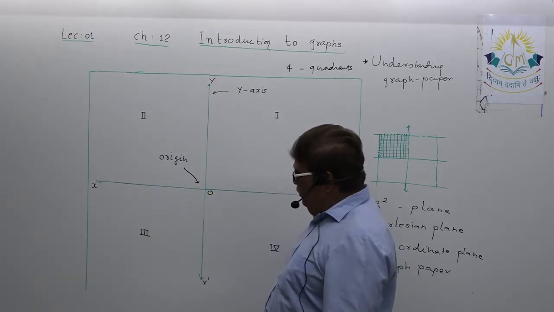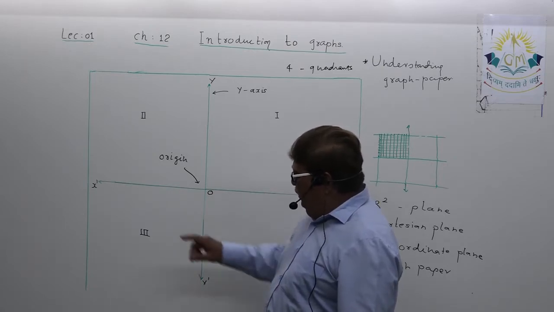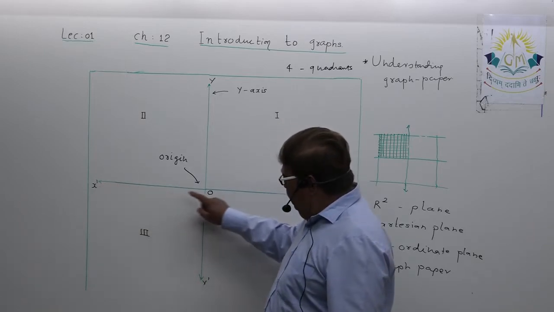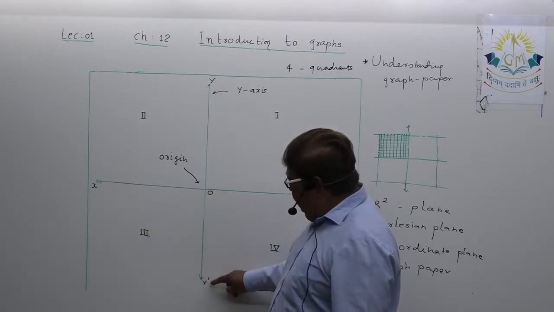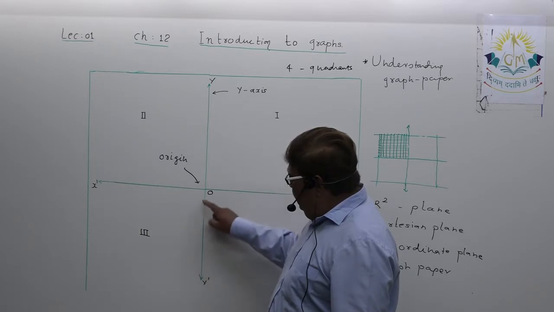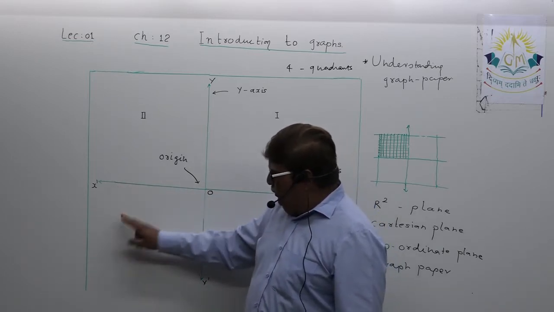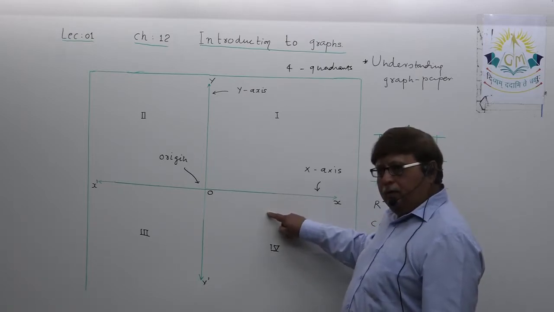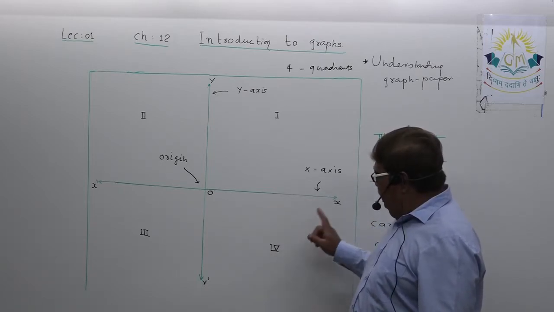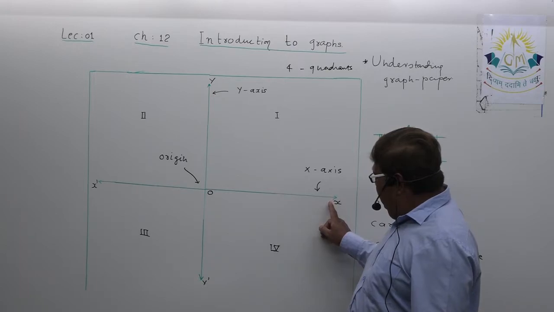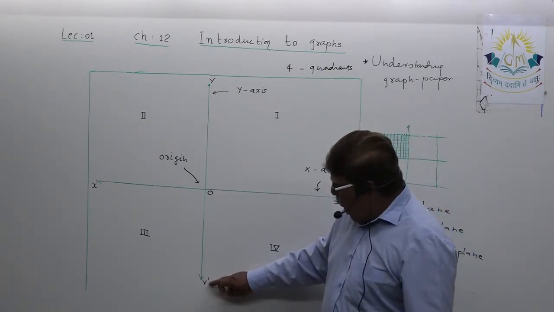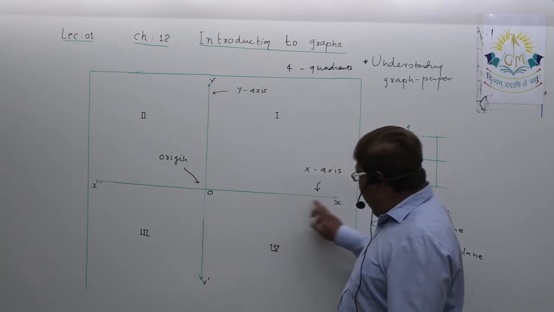Third quadrant is the interior of angle X dash O Y dash or Y dash O X dash. This one. Fourth quadrant is the interior of angle X O Y dash or Y dash O X.